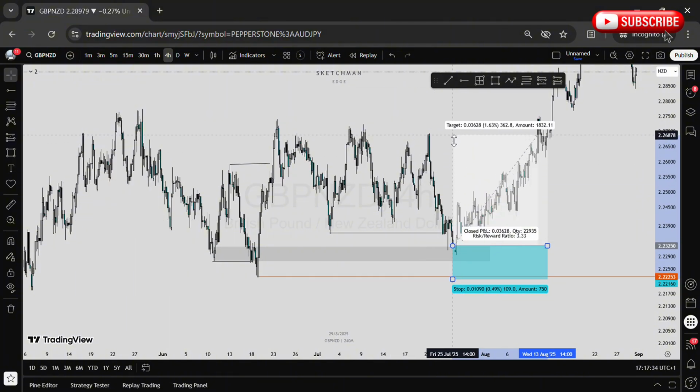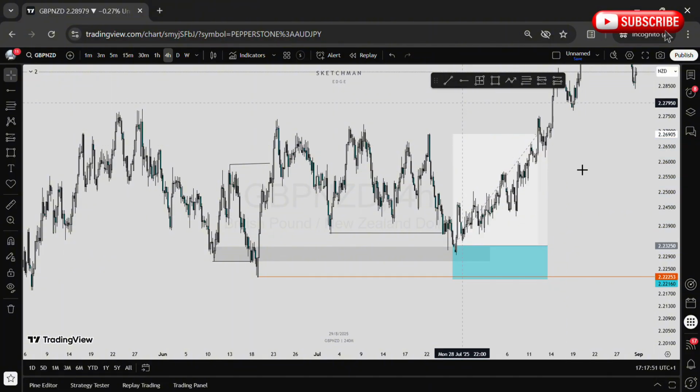Take profits at the buy side liquidity, 3R. Very, very good trade. DAX took this trade, I think. Yeah, so this is another very, very good example.